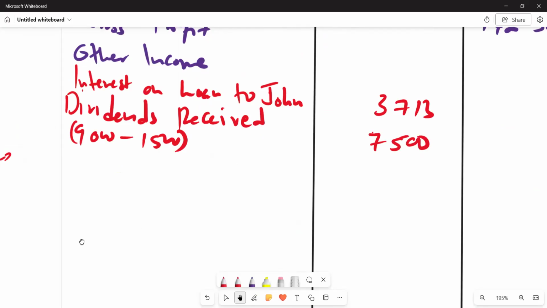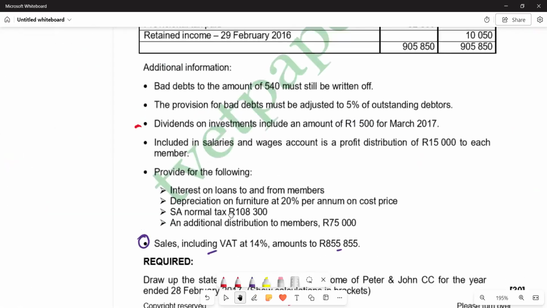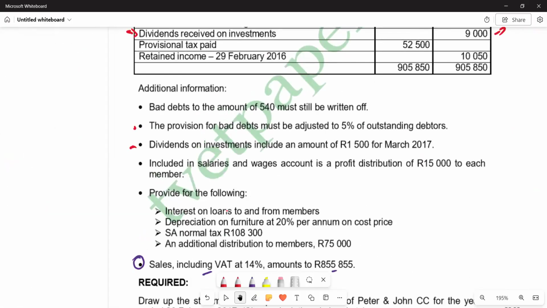Then we also check for provision for bad debts. We are seeing there's provision for bad debts here in the second point. And we know that provision for bad debts can be an income, can be an expense. So we need to check it before we leave the other income section, in the event that it becomes other income. Because if it's a decrease in provision for bad debts, it becomes an income and we have to put it under other income. But if it's an increase, we'll show it as an expense.